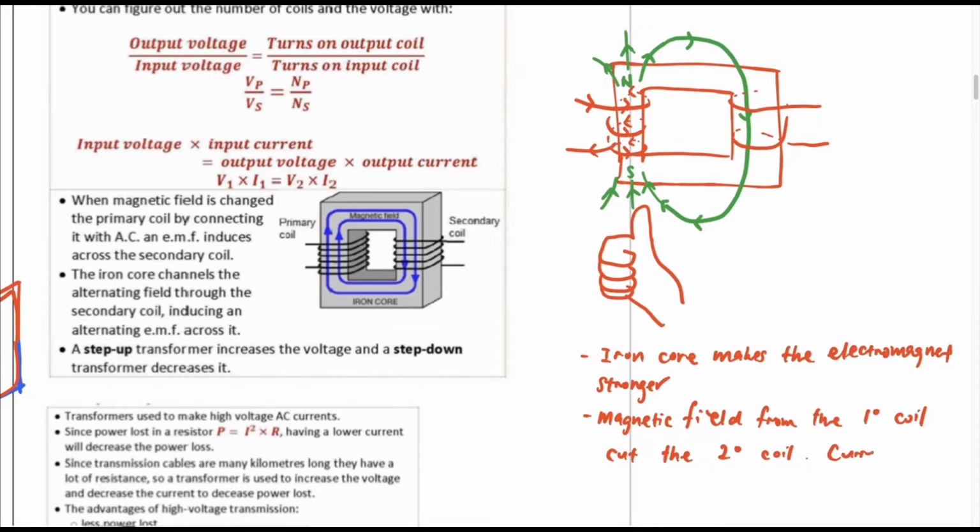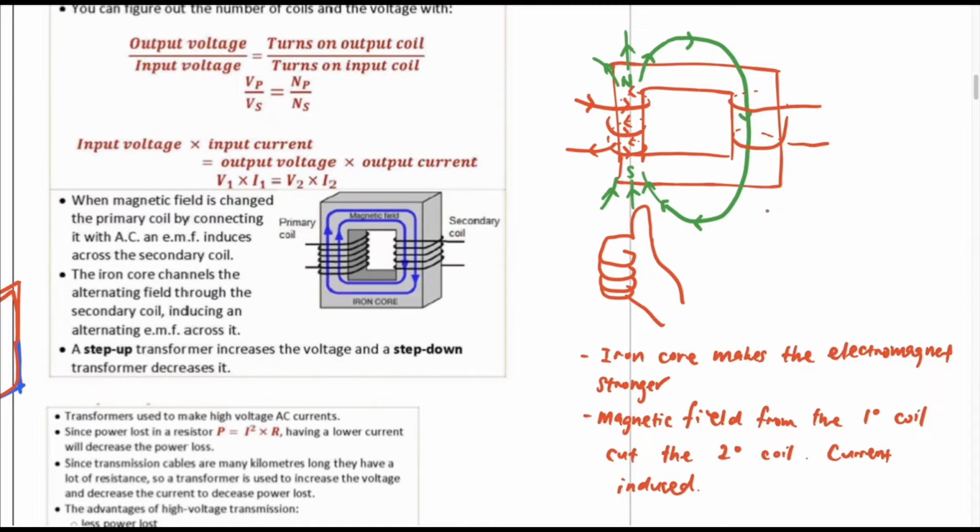Current induced. So that is where it happens here. The magnetic field comes here and is cut by the secondary coil, and hence current is produced.